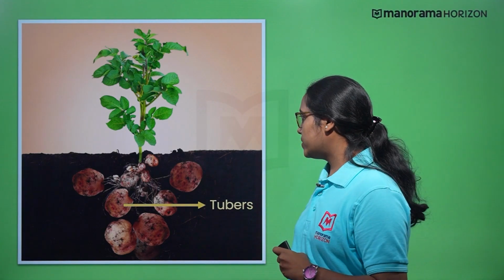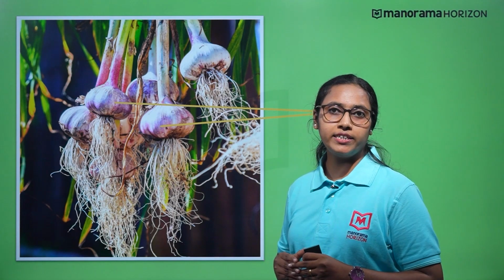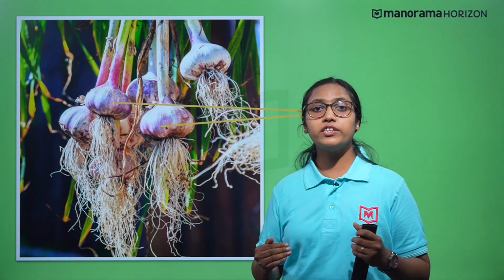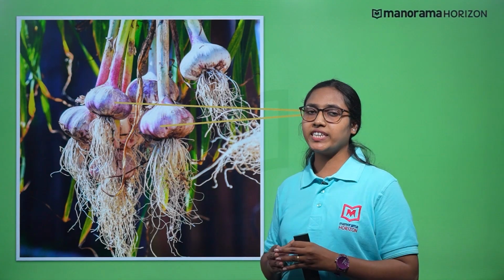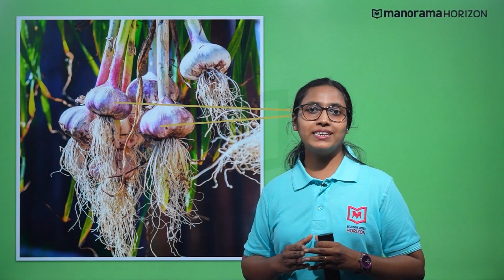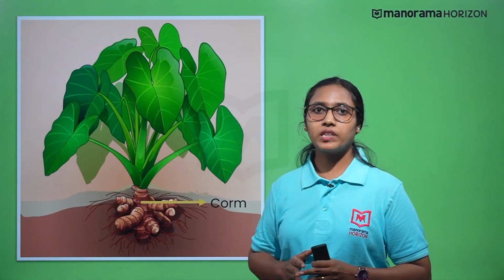Let's move to the next. Did you notice the bulb present in the onion or garlic? Bulbs are underground modified buds with a reduced stem and fleshy scales growing from it. These modifications are mainly seen in onion, garlic, tulips, lilies, etc. The last type of underground stem modification is corm.